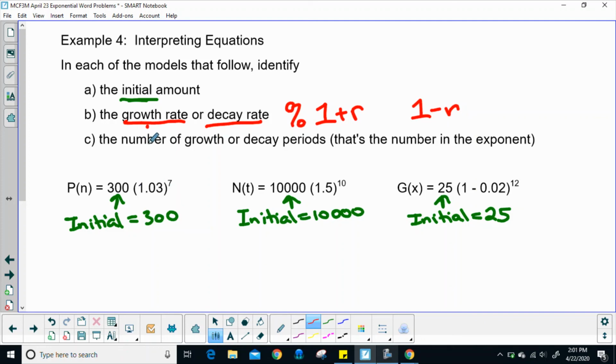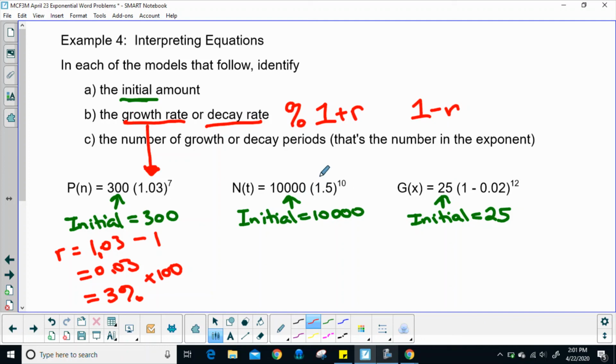I have to get bigger than 1, so it's definitely a growth. How did I get it? R will be equal to 1.03 minus that initial 1, so you get 0.03. To turn it into a percent, let's multiply it by 100. So that's going to be 3%.